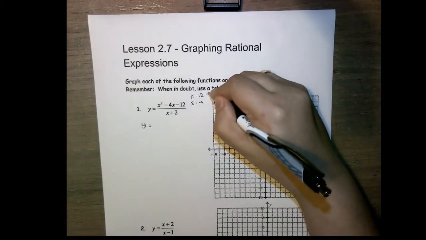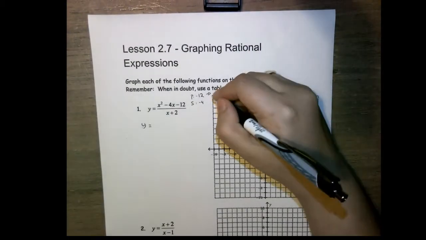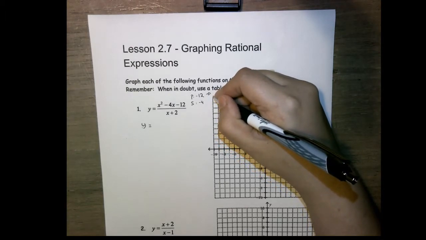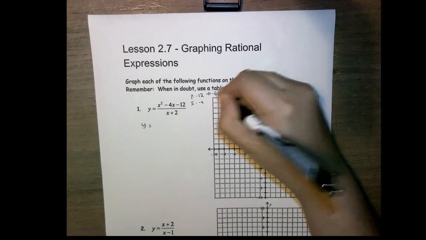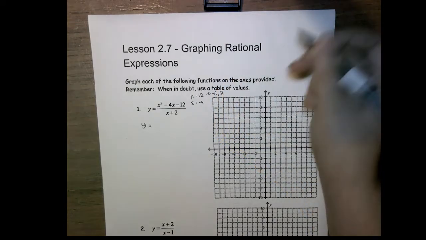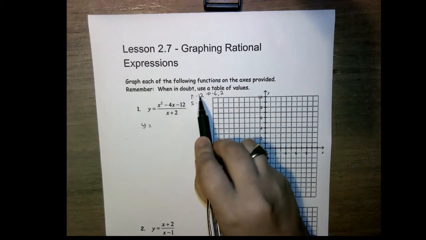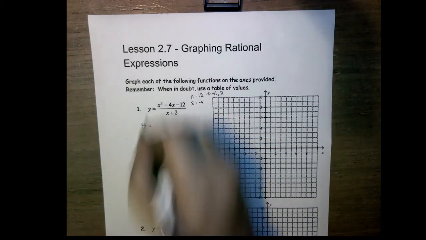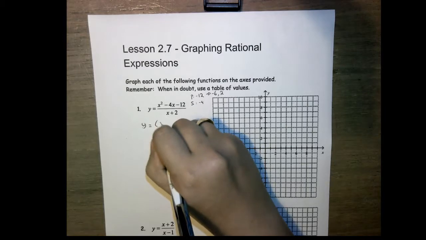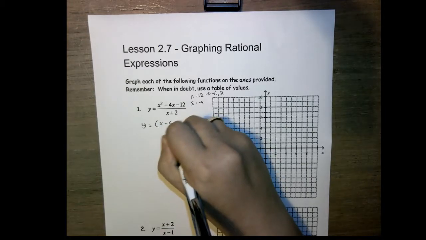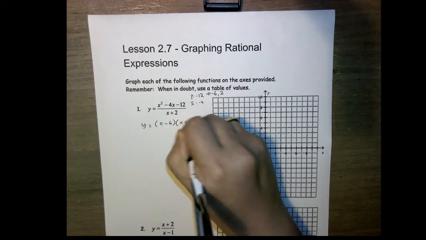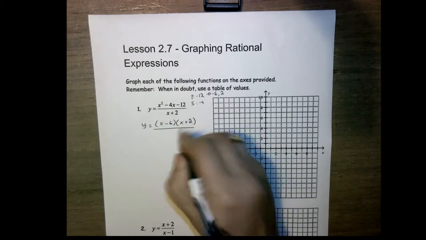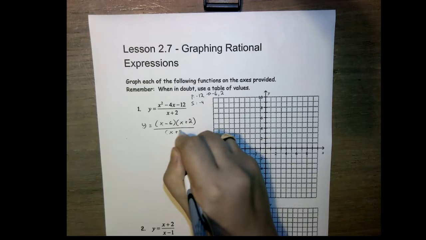I can think of a few examples, and when I think about this one in particular, I come up with negative 6 and positive 2, because negative 6 times 2 is negative 12, and negative 6 plus 2 is negative 4. So my factored expression is x minus 6 times x plus 2 on top, and x plus 2 on the bottom. I can't really factor that any more than that.